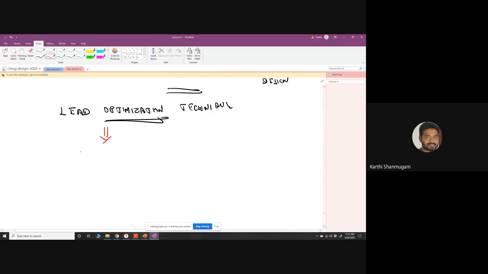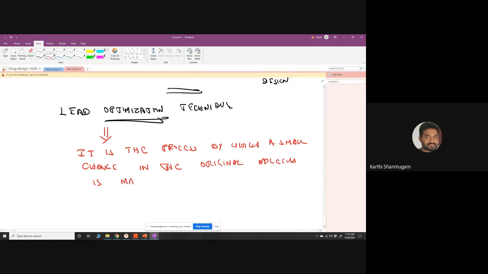It is the process by which a small change in the original molecule is made to improve the activity.